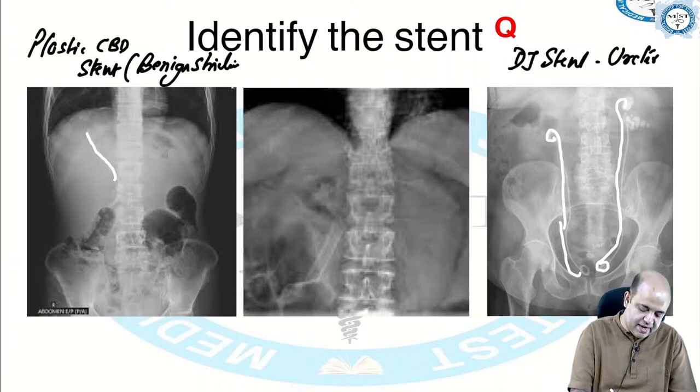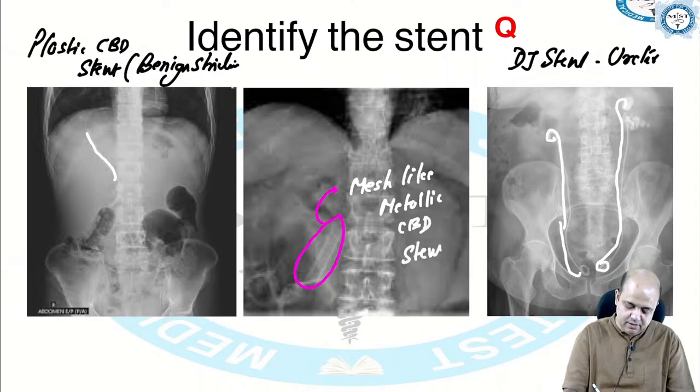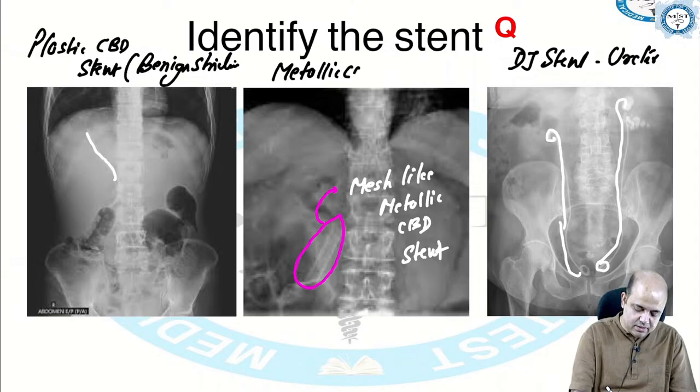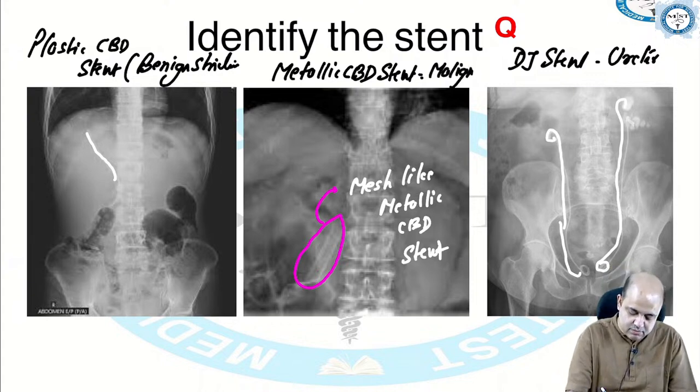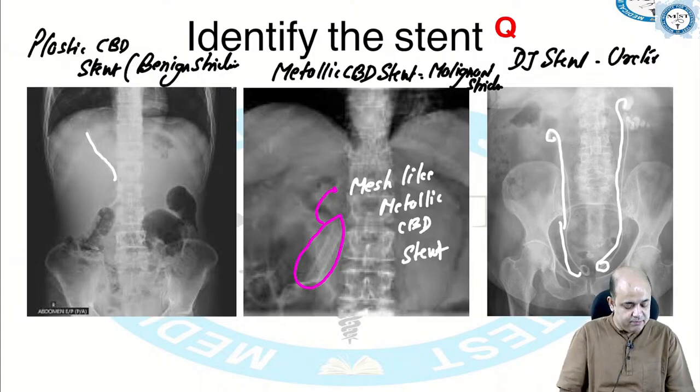This is a mesh-like metallic CBD stent. Metallic CBD stent is used for the malignant stricture, and then we have the DJ stent that is used for the ureters.